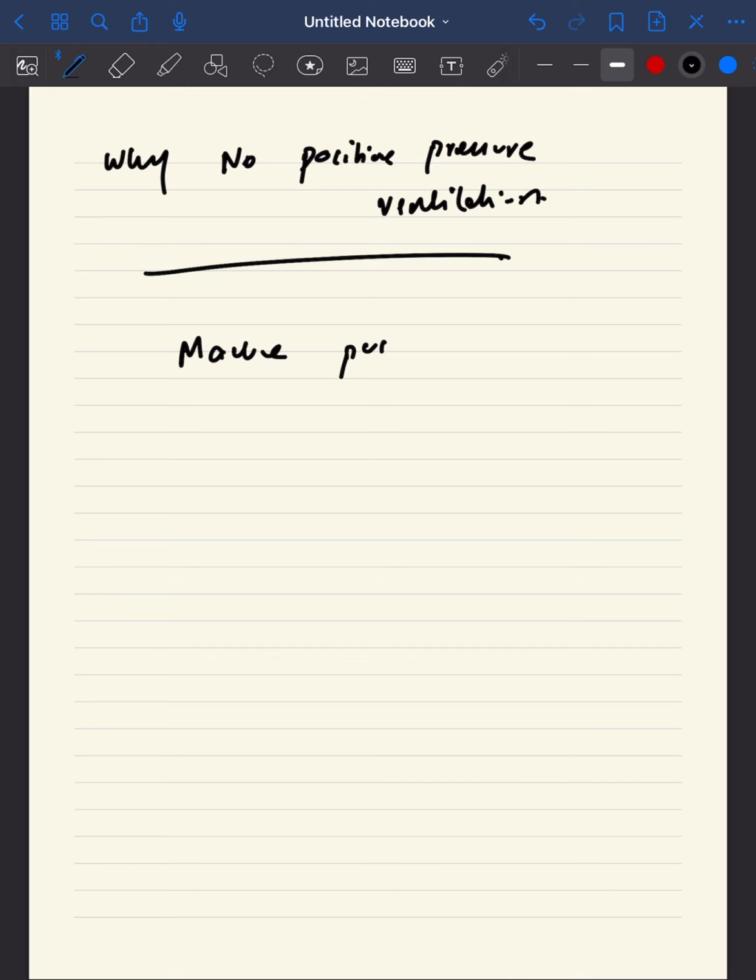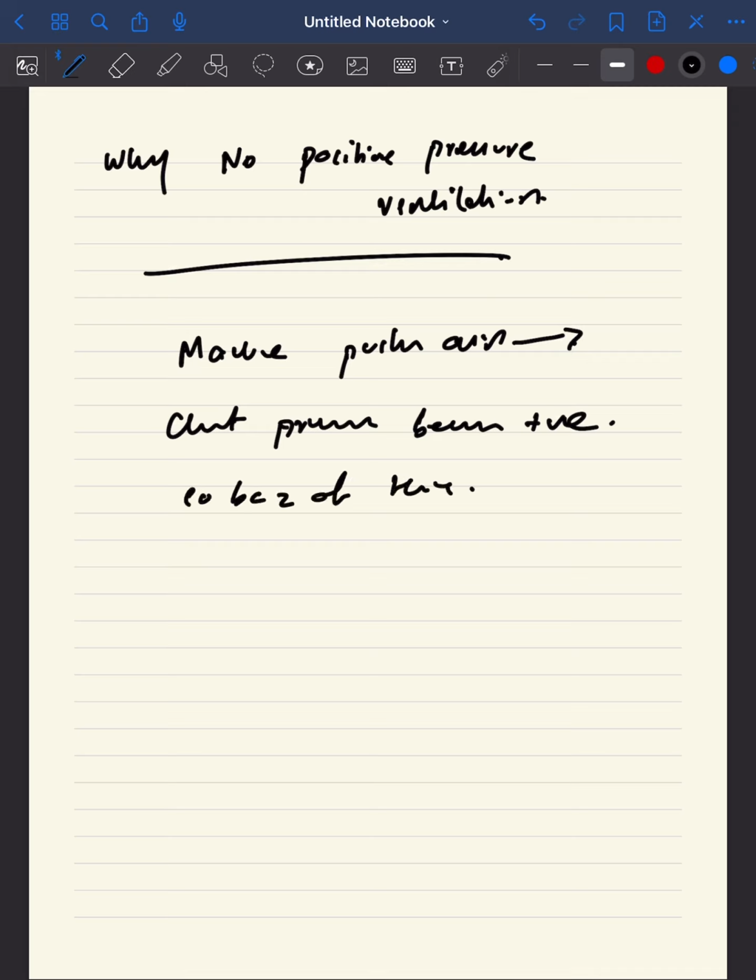Machine pushes air, chest pressure becomes positive. So because of this, veins compress, venous return to the heart decreases.